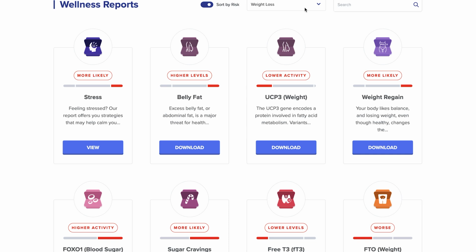Next, I see sugar cravings. And if I keep scrolling down, I also see tendency to overeat and carbohydrates. Those three things together are potentially an issue.